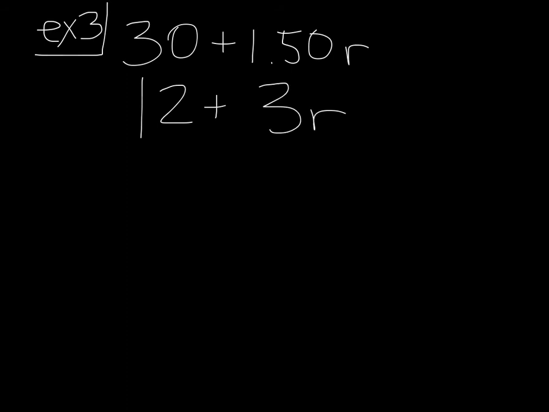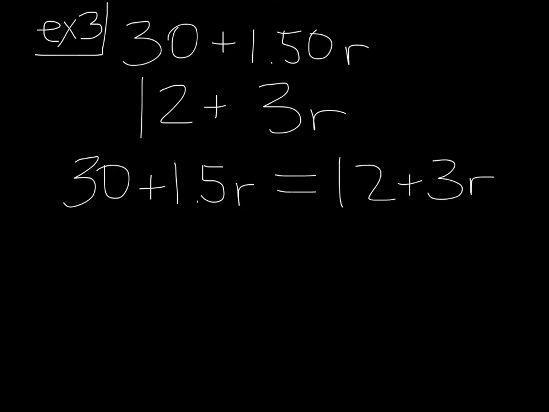Notice the word per, or for each, is actually timesing. What number of DVD rentals results in the same yearly cost? Well, in order to figure that out, we are setting these two equal to each other. I'm going to put that as 30 plus 1.5R equals 12 plus 3R.